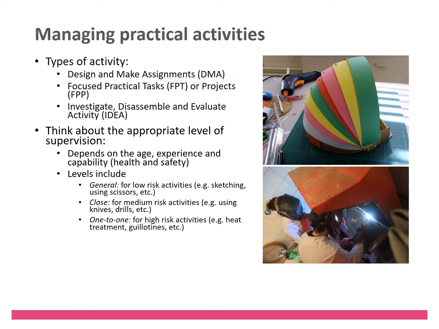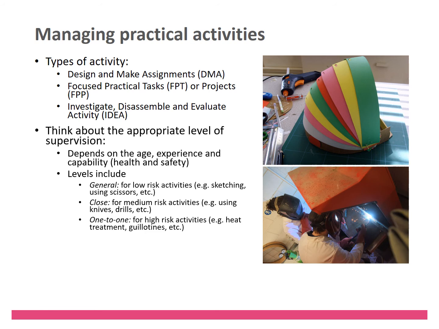And you want to think about levels of supervision. For low-risk activities, where it's unlikely that any harm is going to come to the children if they're working in their places, on their tables in the room, then you would call it general supervision. If there's a medium risk, you want to have more close supervision, so you might want to think about zoning, about where pupils are using things like knives, drills and so on, and how you locate yourself and how you can see and supervise those areas.